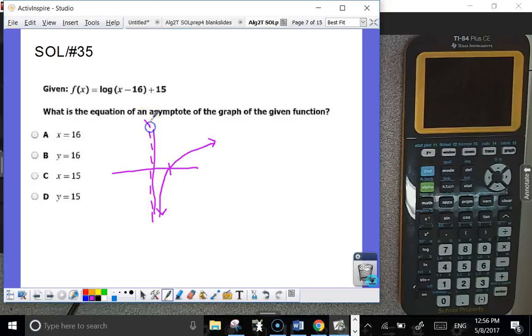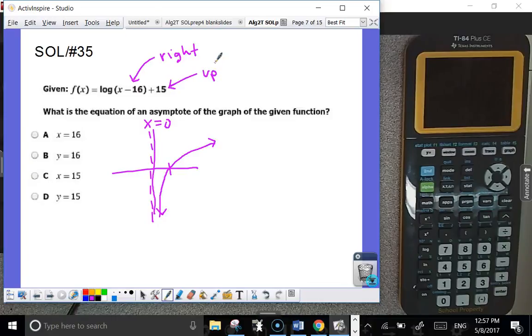This is x equals 0. Again, what is the effect of -16 inside the function? Right. And what is the effect of a +15 after the function? Up. So which one of those moves the vertical asymptote?